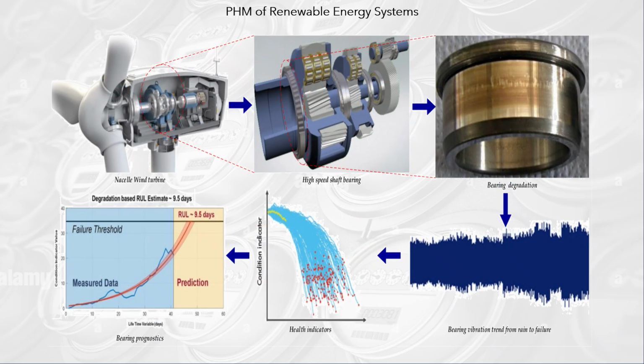A description of a continuous monitoring system is presented in the figure. The steps are: get to know the industrial equipment, a wind turbine, high-speed shaft bearing, equipment to watch, bearing degradation, measuring system, bearing vibration trend from run to failure, data processing, asset health indicators, evaluation of the condition, and bearing prognostics.